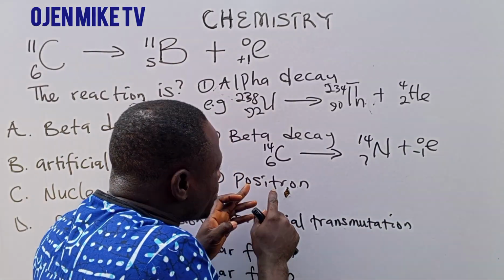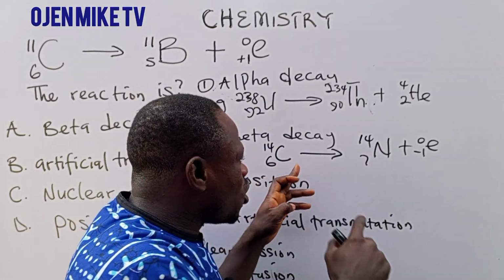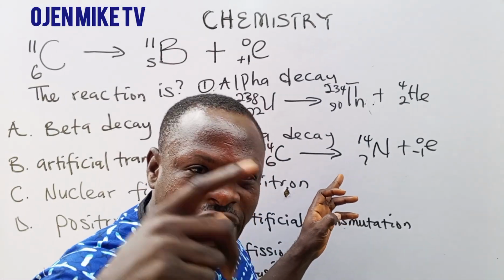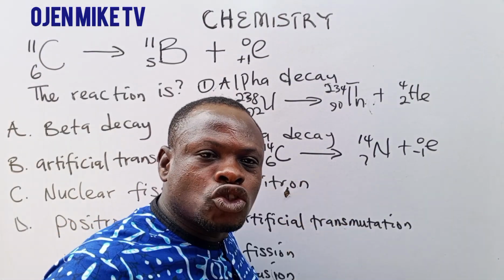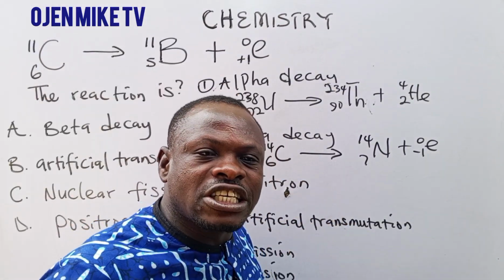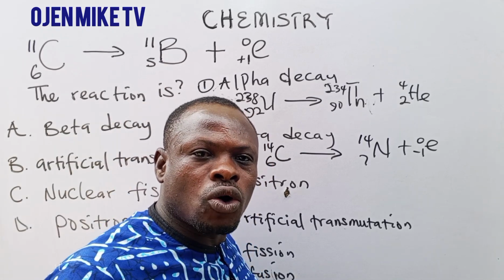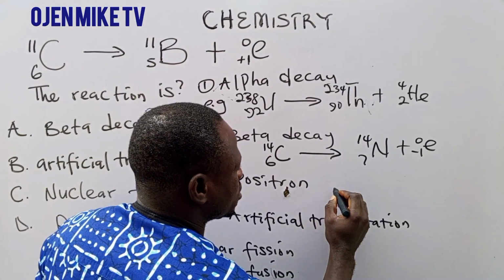Now, what do you understand by a positron? In beta decay, a neutron changes into a proton, emitting an electron. In a positron emission, a proton changes to a neutron, emitting a positive electron. Proton changes into neutron, emitting a positron.